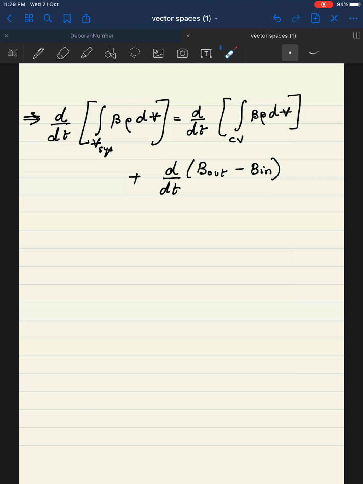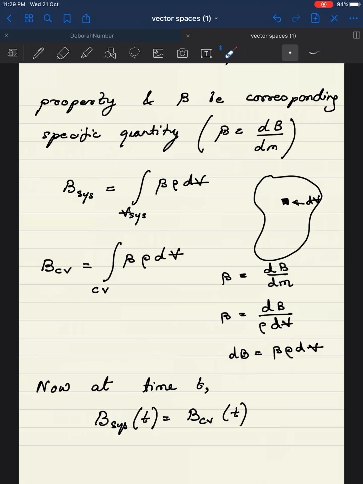Let's say you have a surface element dA, and then you'll have a relative velocity of the fluid moving out of the control volume, right?